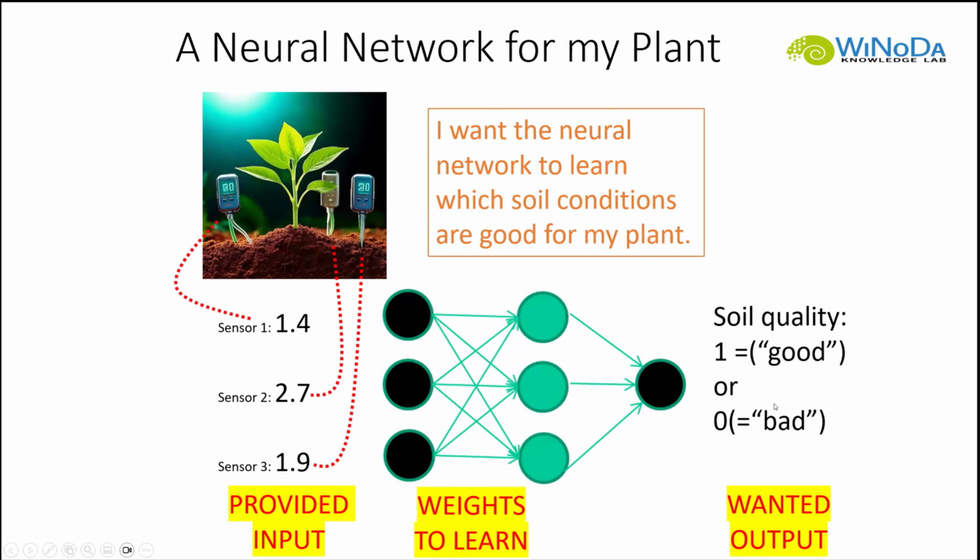And then when I change my soil and the sensors show something else, I would like the network to tell me whether this is now good soil for my plants or not. So I always provide input. Then there are these weights that have to be learned through this training process, and then I have some output here that in the best case scenario gives me some insights about how my plants feel.